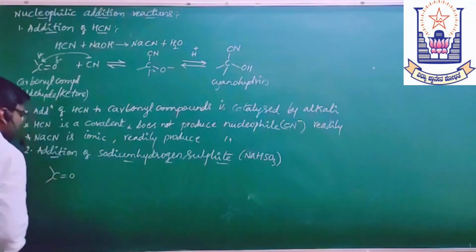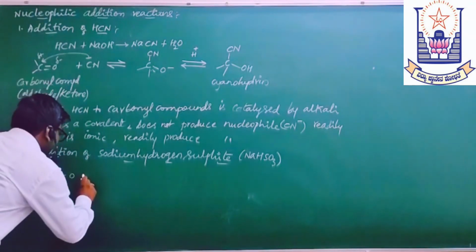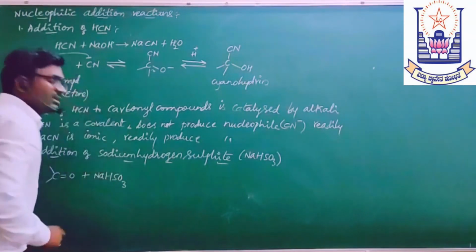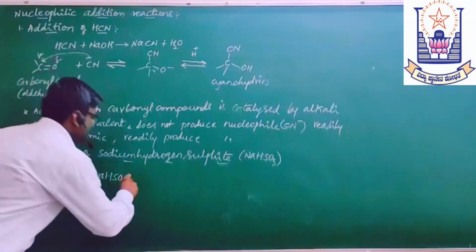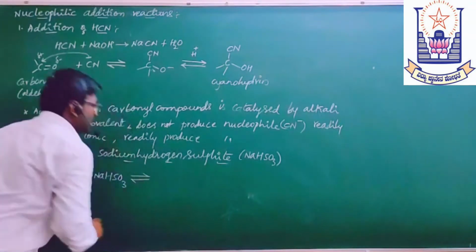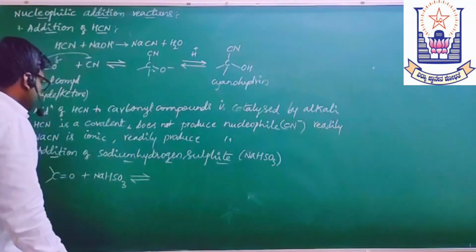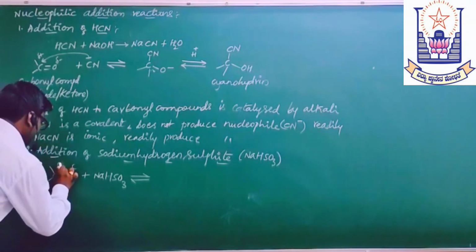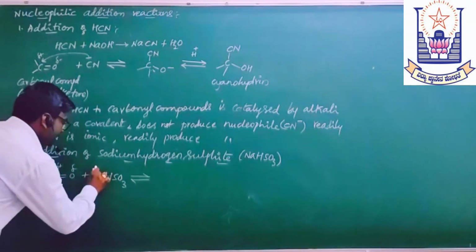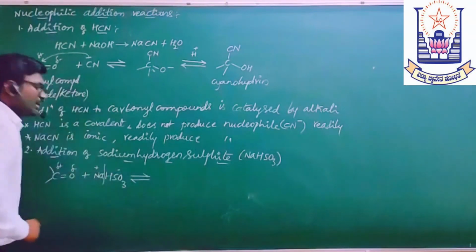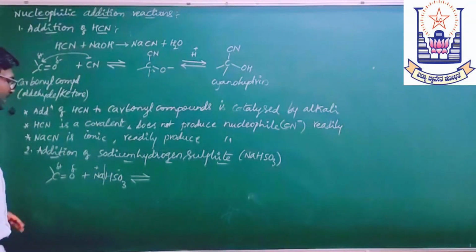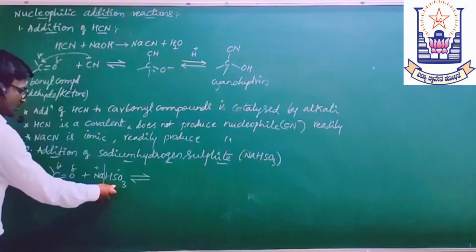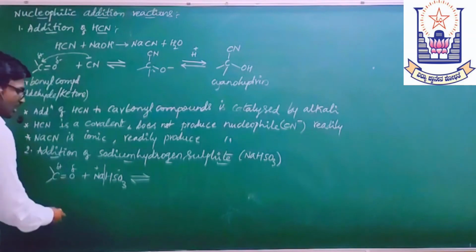Take the carbonyl compound and add NaHSO3. You know the first step is a slow and reversible step. Now what happens? This is O minus, delta minus, and this is delta plus. In this reagent, this part is plus and this part is minus. The SO3H group will attack the carbonyl carbon.